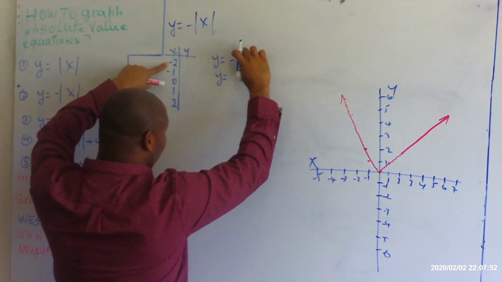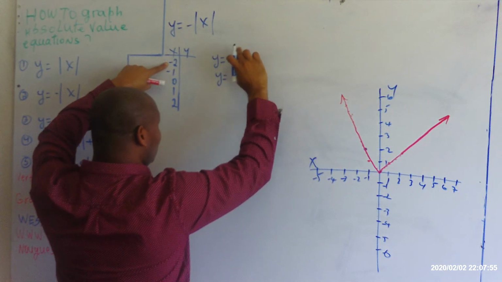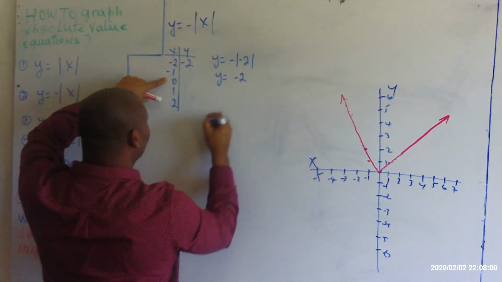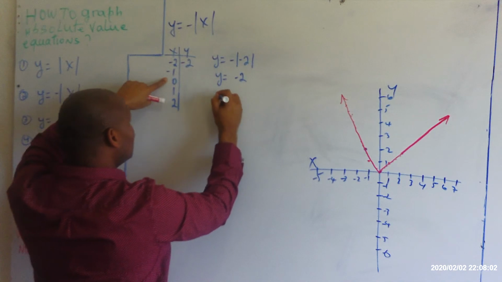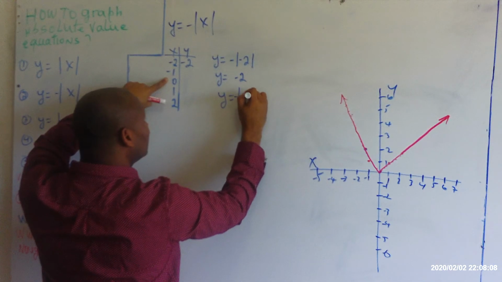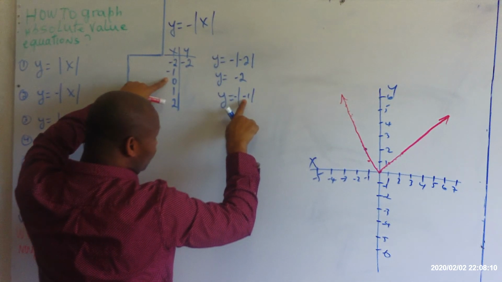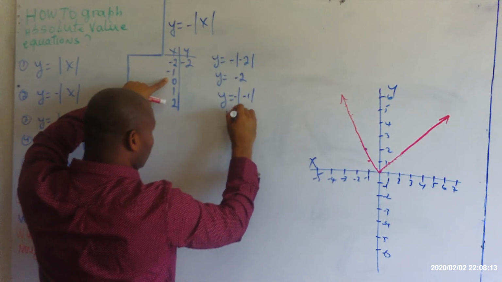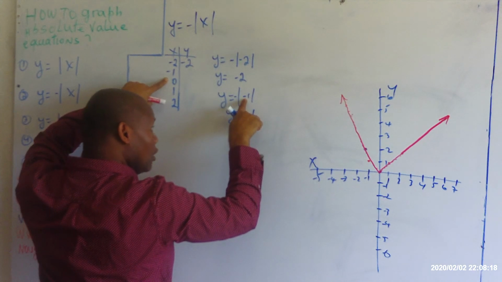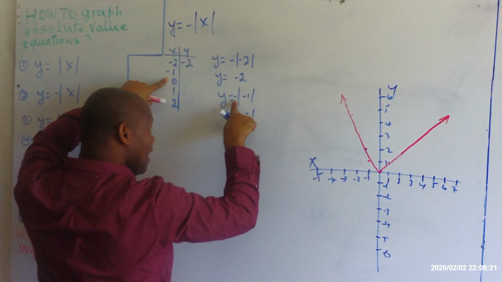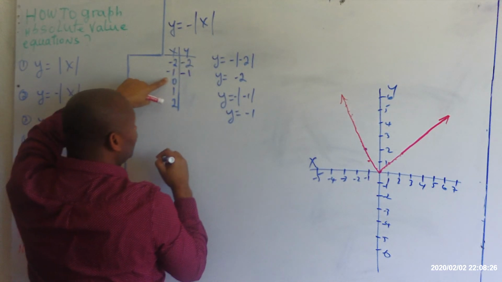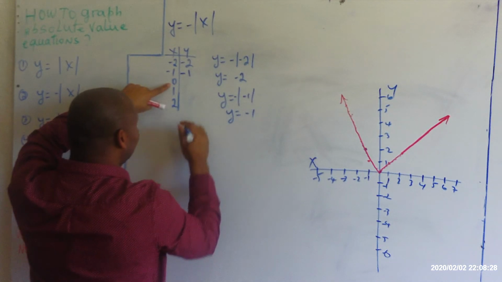Let's do that for negative 1. The absolute value of negative 1 is 1. As we already have a negative sign right here, it becomes negative 1. So 0 is just 0.